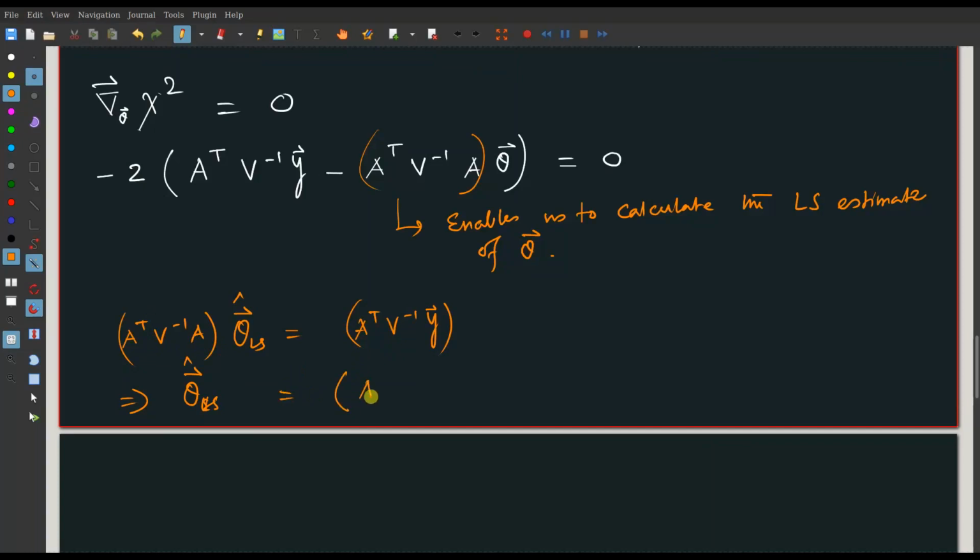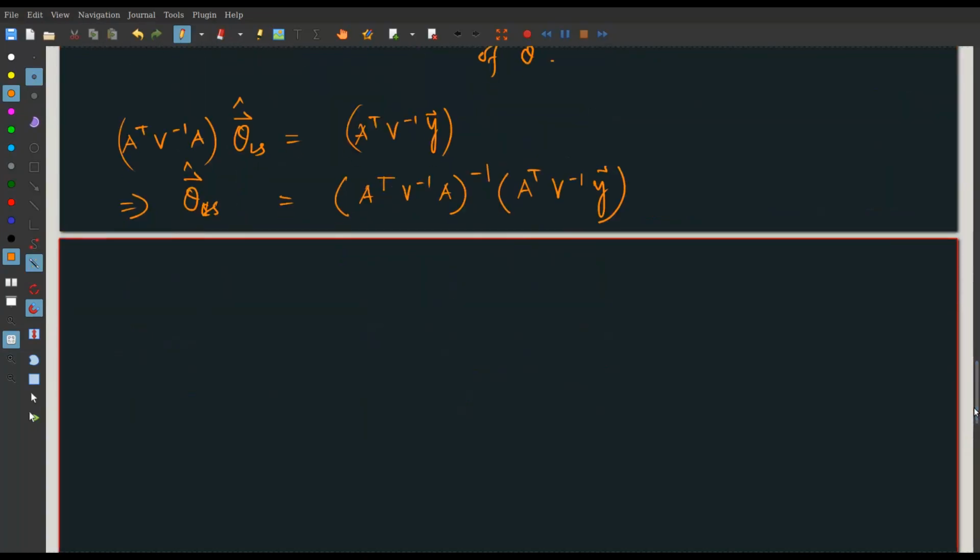So that is A transpose V inverse A inverse, times A transpose V inverse Y. Now, this is my least square estimate, and I notice that it looks like some matrix B times Y, where I have this whole thing up to Y as my B. So theta ls is just a linear transform of Y, whatever we had.